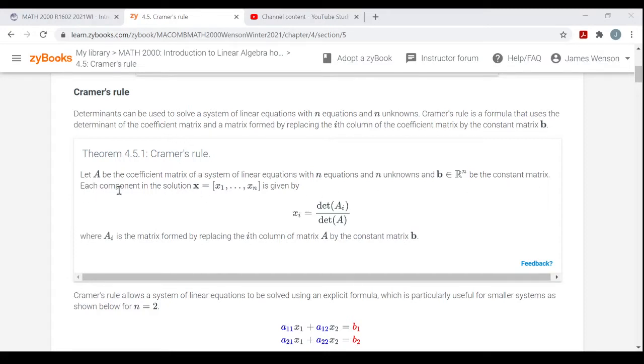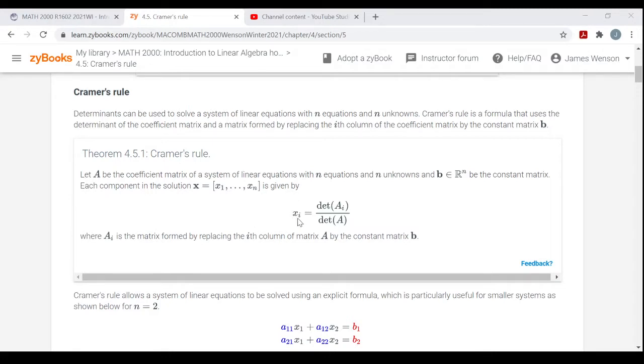Then each component in the solution vector x equals x1 to xn, the solution to A times x equals B, will be given by the following.